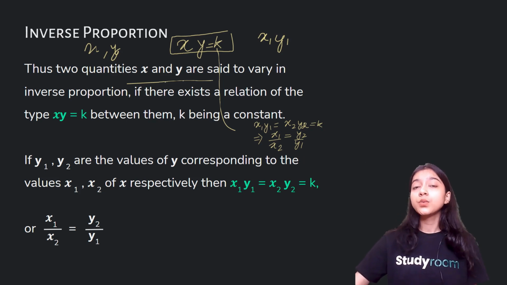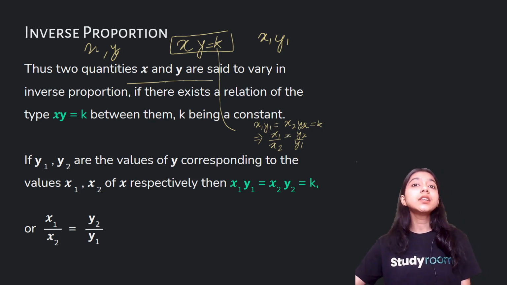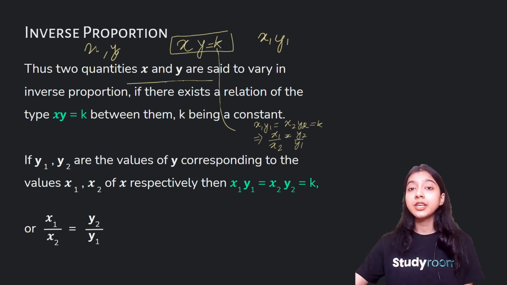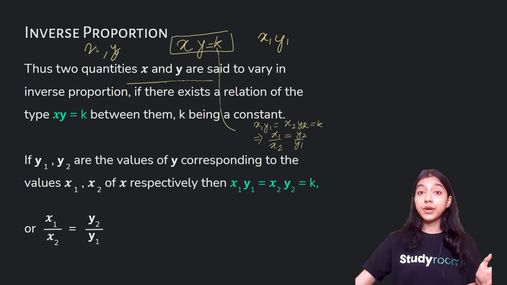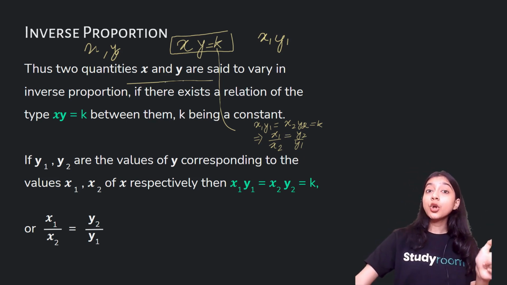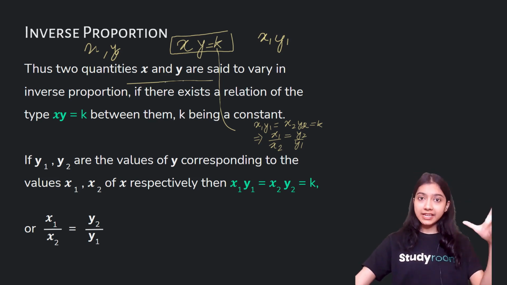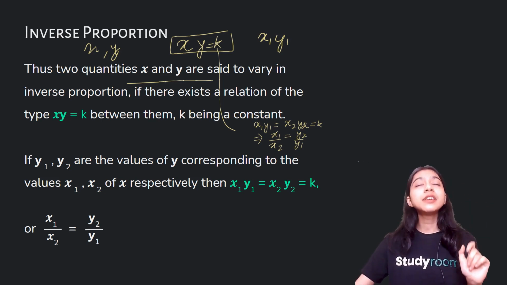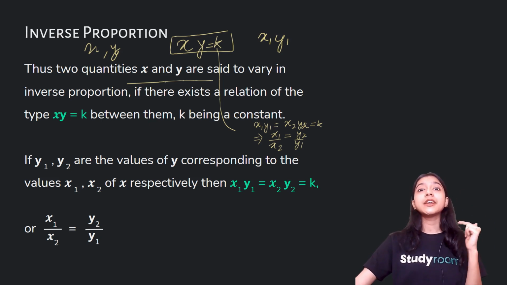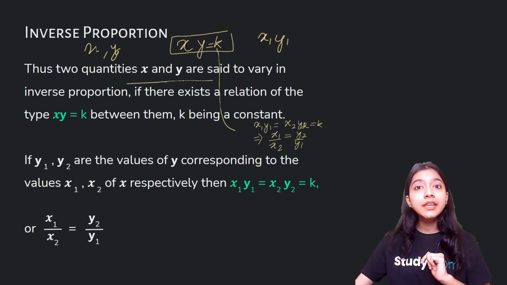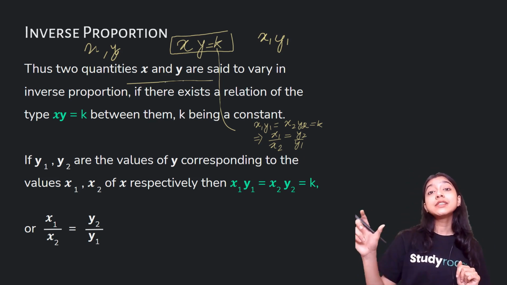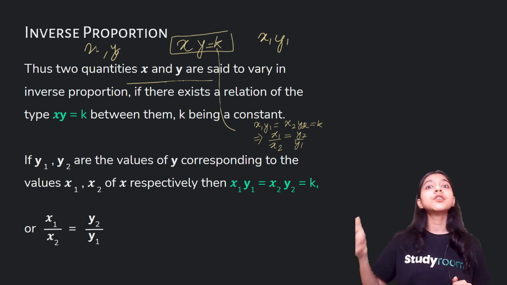And the second observation is that if I take the ratio of the first variable, that is x1, with the first variable of the second observation, that means x1 is to x2, or we can simply call it x1 divided by x2, then that will be equal to the ratio of the second variable but taken in the reverse order.